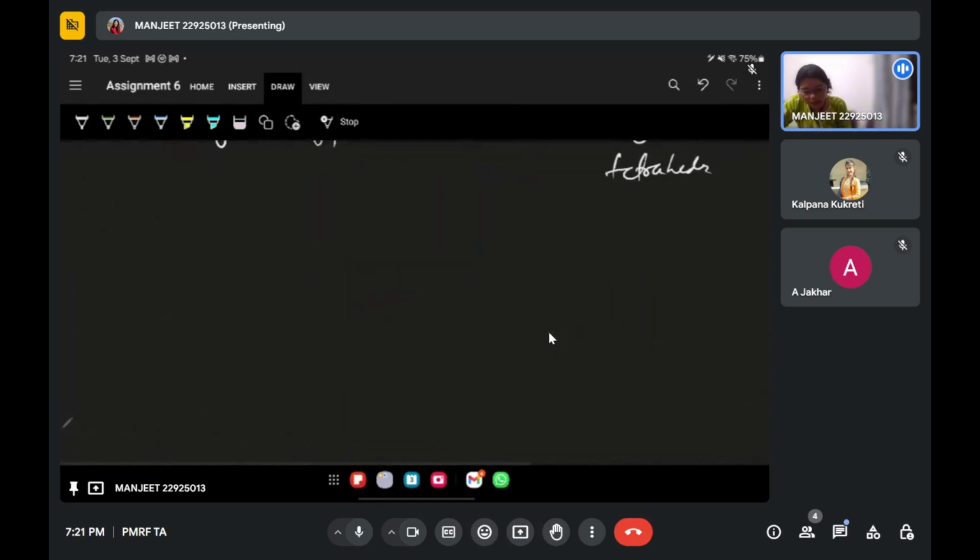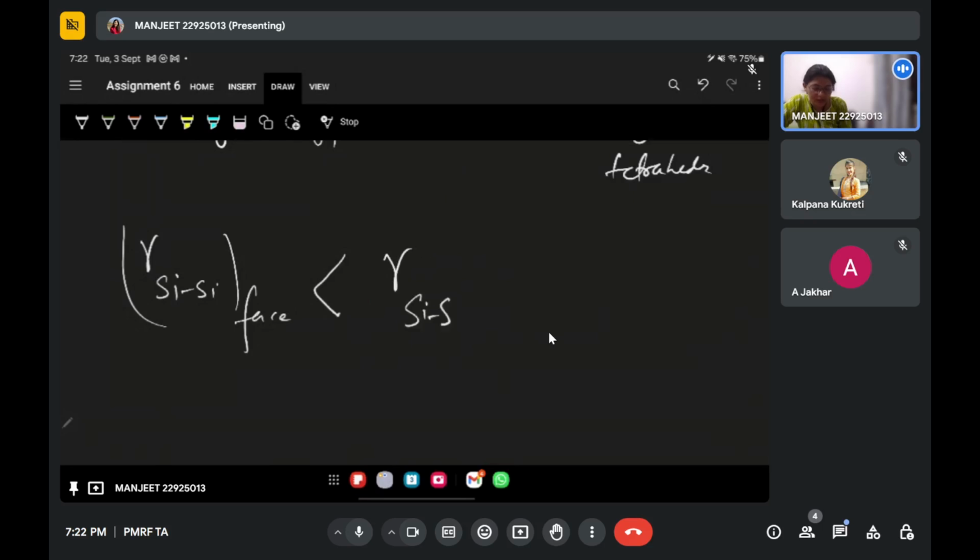So R, the distance between the silicon bond in the face case, will be the smallest compared to R in the case of the edge, and that is also smaller than the distance for the corner one.